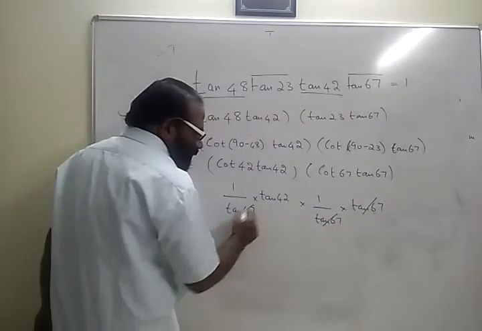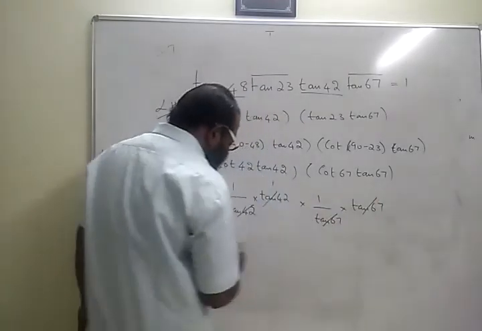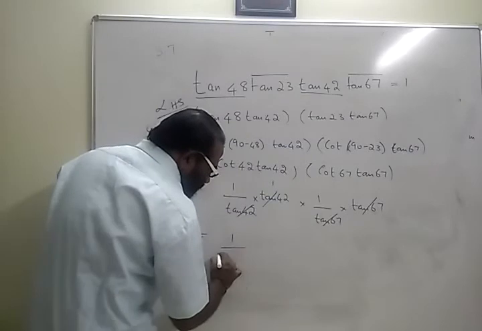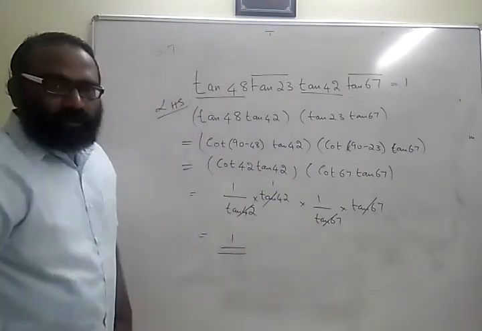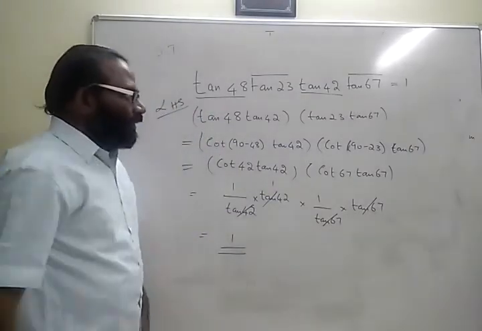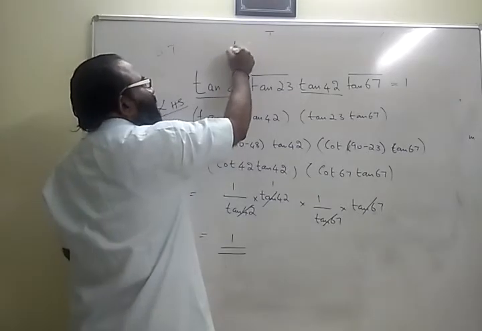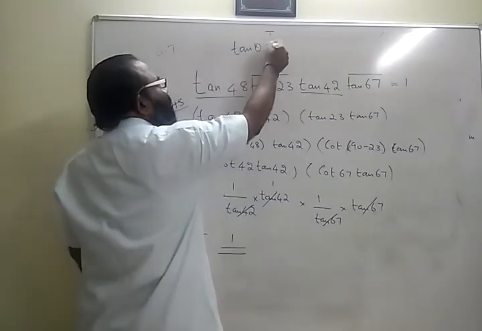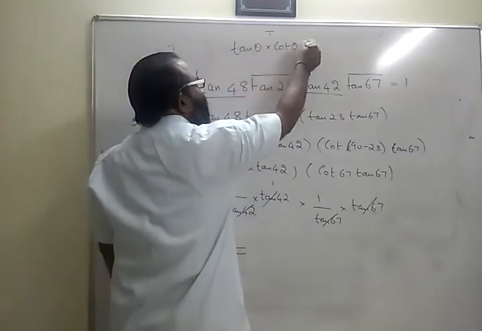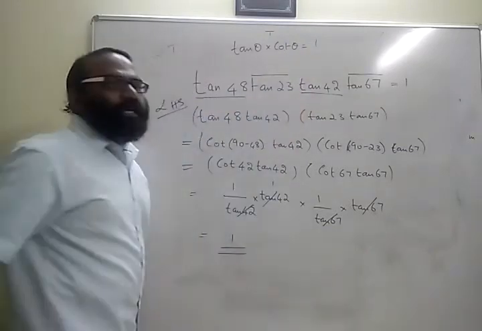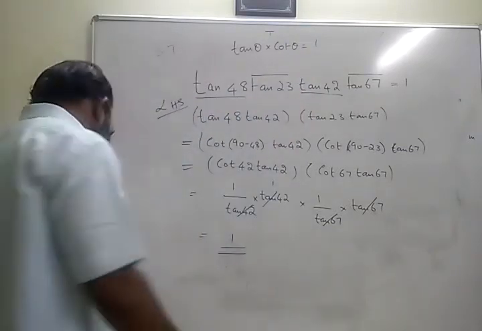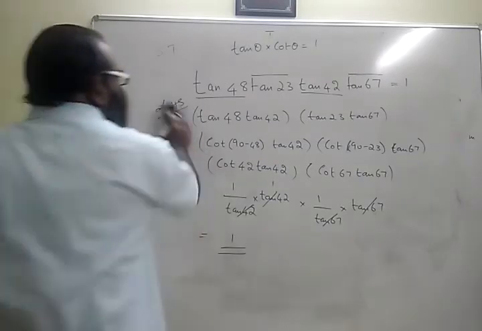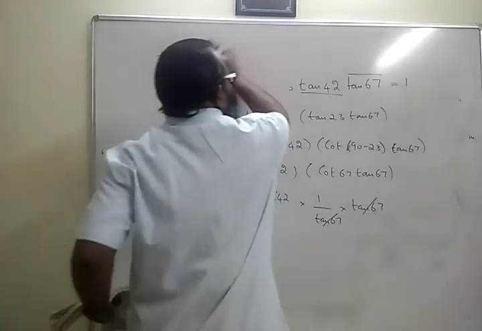Everything cancels and I get 1. So this is how you do it. One thing to now remember is tan theta into cot theta is equal to 1, because cot theta becomes 1 by tan theta. Okay, let's go to the next one.